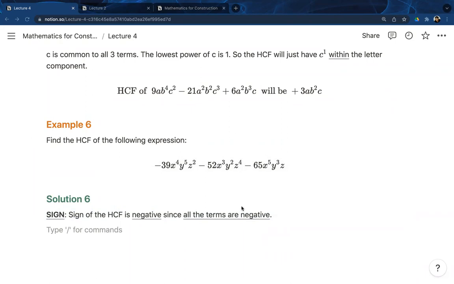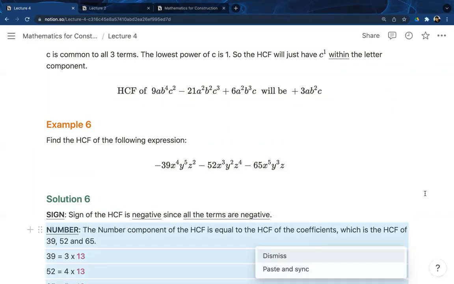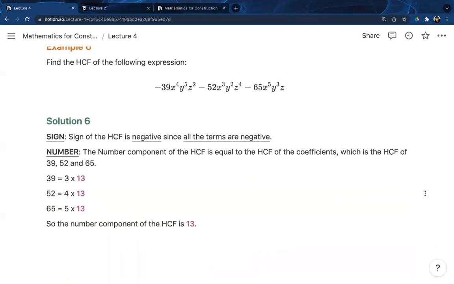You have to take your time with those numbers. We break up 39, 52, and 65. We try numbers, right? There's a science behind it. Like this number here, 52, we could say 2 by 2, right? But 39 and 65 are not even, so it doesn't make a difference if I put the two twos. It turns out they're all multiples of 13, so the HCF is 13, right?